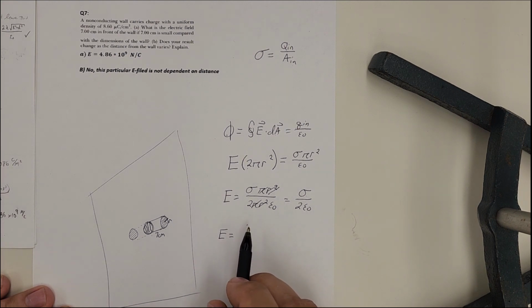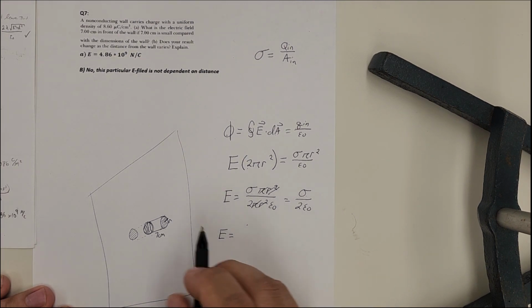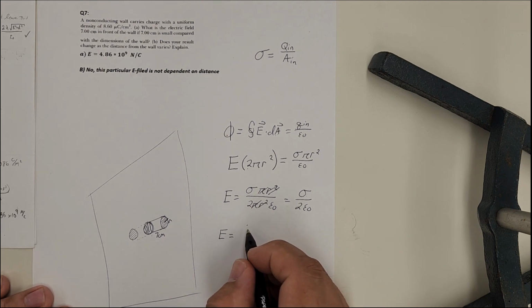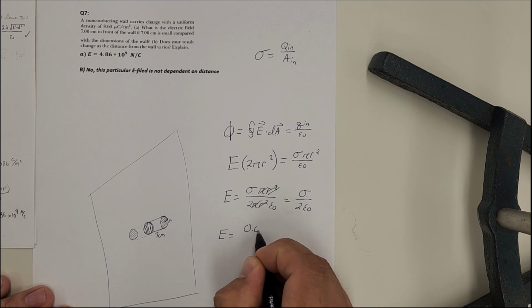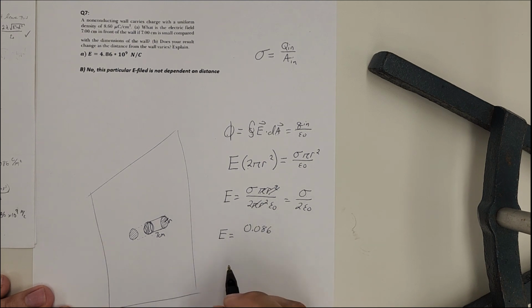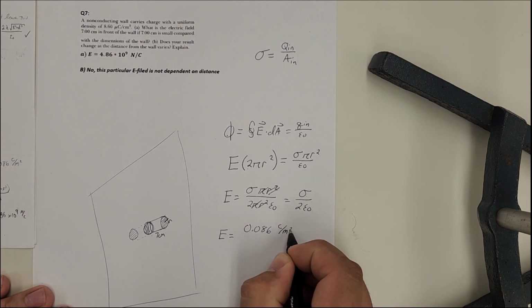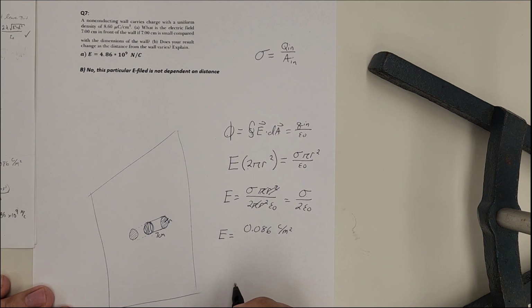Do a conversion on that density. The 8.6 times 10 to the negative 6 coulombs per centimeter squared needs to be converted into meters squared. I will leave this part up to you to get that density correct. The density there, though, should come to be 0.086, and this would be coulombs per meter squared. That's the units for the density.